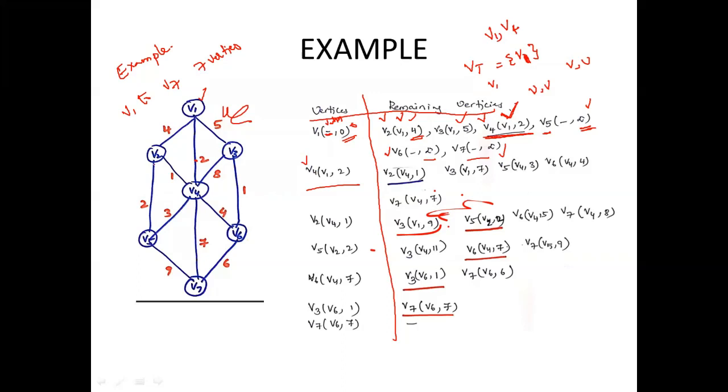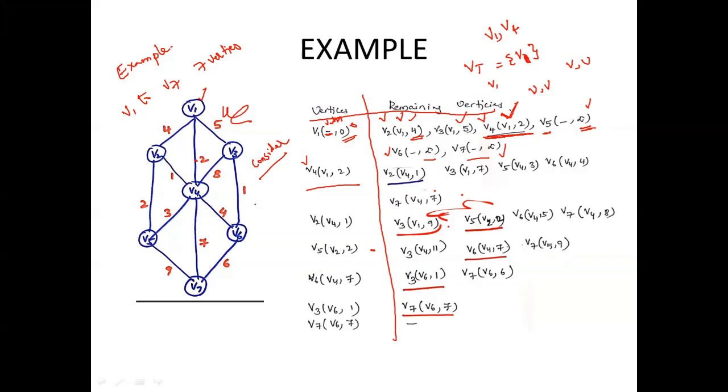What are the unvisited vertices? V2, V3, V5, V6 and V7. We repeat the same for all the remaining vertices as we try to visit them. And at this point, you have to keep one thing in your mind. Suppose you are trying to find an edge from one vertex to another vertex and there is no direct edge.